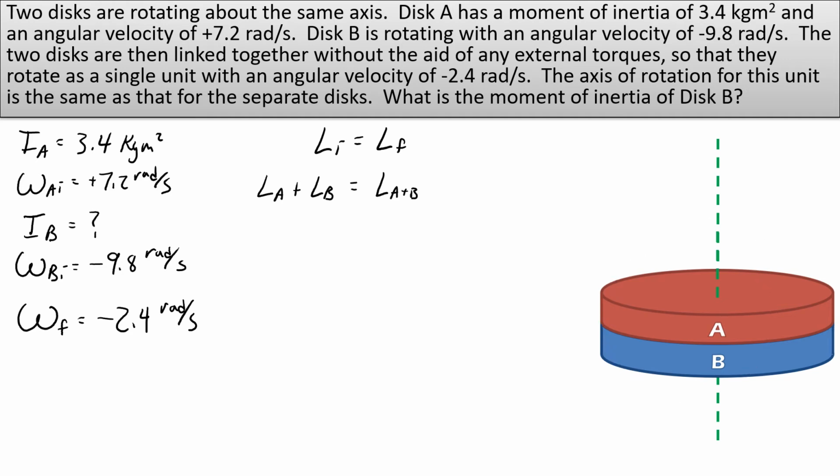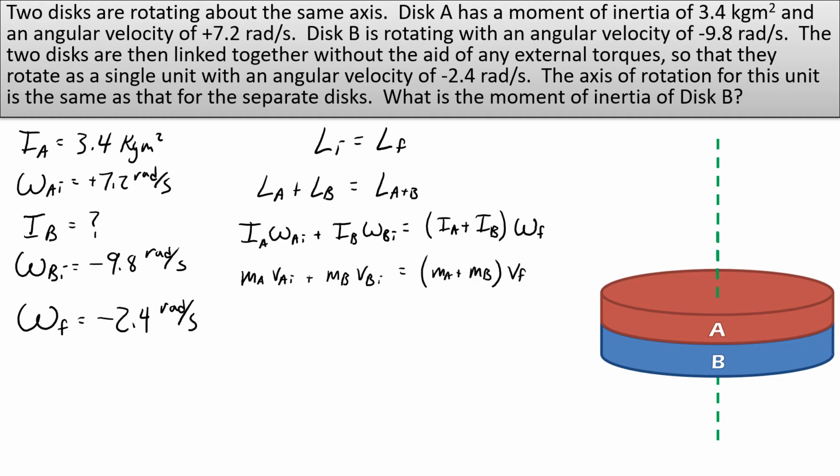And remember, angular momentum is just the moment of inertia times your angular velocity, for A and B. And then this is when they combine together. So the moments of inertia, you could think of it as rotational mass, combine together as one unit, and they move with the same angular velocity. Hopefully this looks familiar. This situation is very similar to our inelastic collision problems that we did in Unit 9.